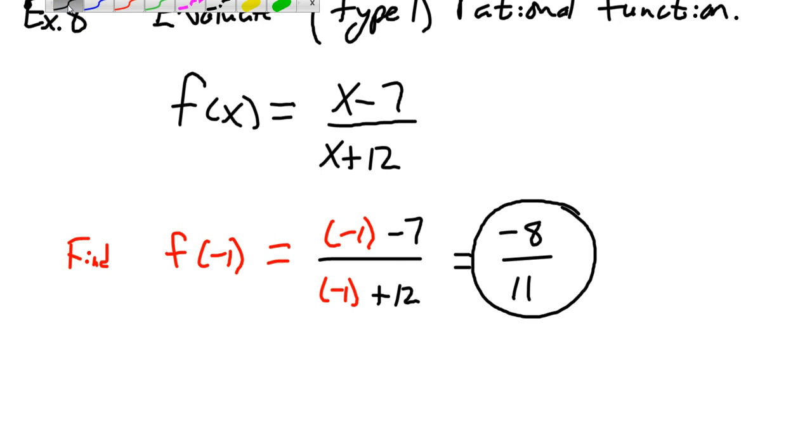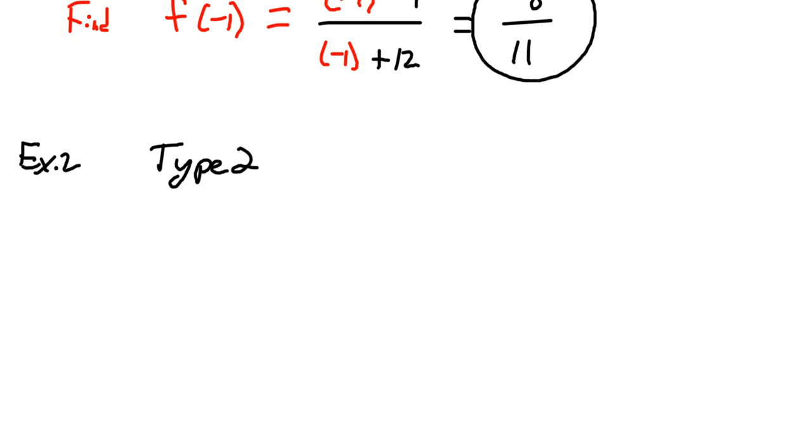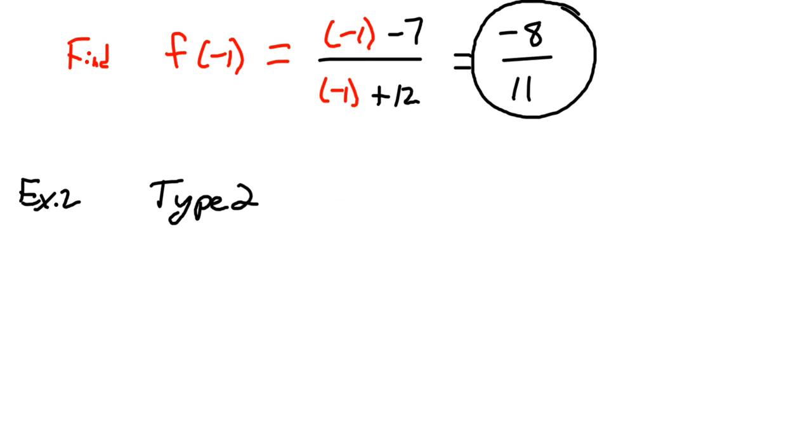Okay, so there's one where they give you the type 1. Here's one, for example, 9. This is where they're still going to ask you to evaluate a rational function. This one is going to be a type 2, and type 2 just means it's a little bit longer, a little bit more complicated function.